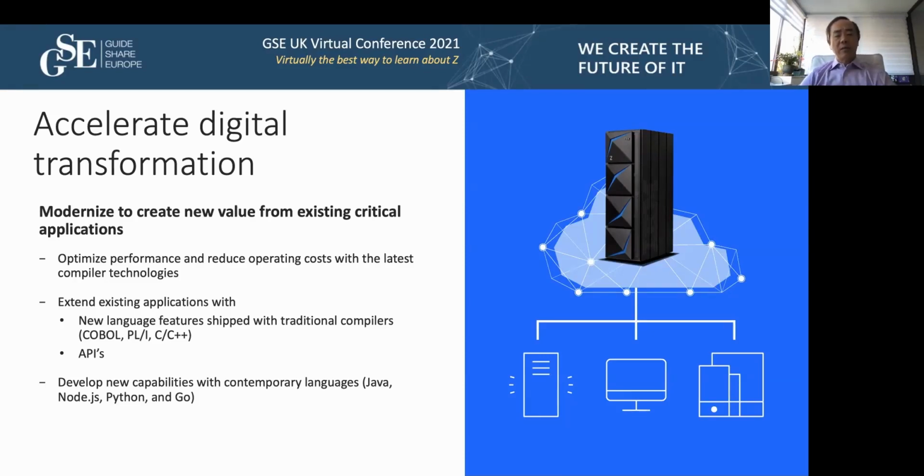Then you talk about modernization. There are two aspects to it. One is you can look at extending your existing applications with traditional languages. If you have COBOL applications, we constantly put new features in the COBOL compiler to help you extend your application. That is also true for PL/I and C and C++ and Java.